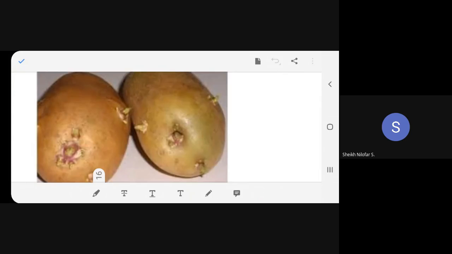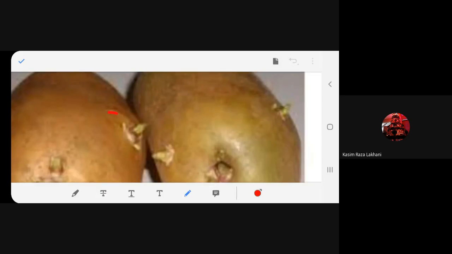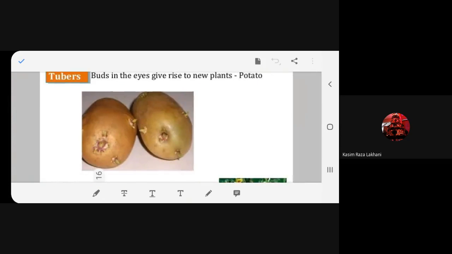See the structure here. Yes, you first observe this, what I'm trying to show you. This is called an eye, and at the base of the eye we get buds. Potato has starch, yes, it has carbohydrate.